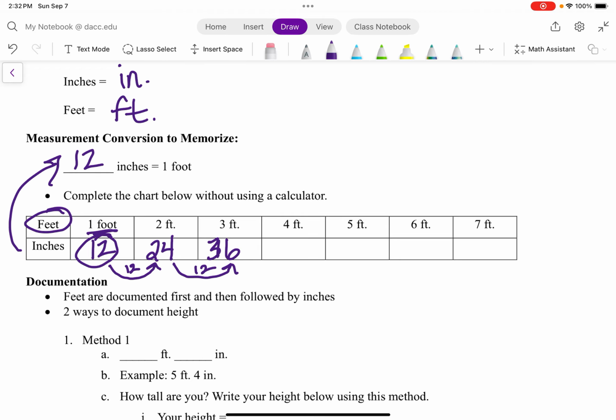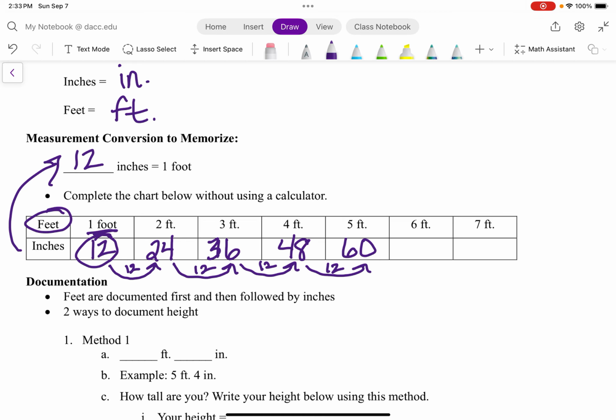Now let's look at 4 feet. What do we have to do? We have to add another 12 inches. So 36 plus 12 would be 48. So there are 48 inches in 4 feet. And then again, how many do we have in 5? Moving up, adding 12, 48 plus 12 gives you 60. So there are 60 inches in 5 feet.